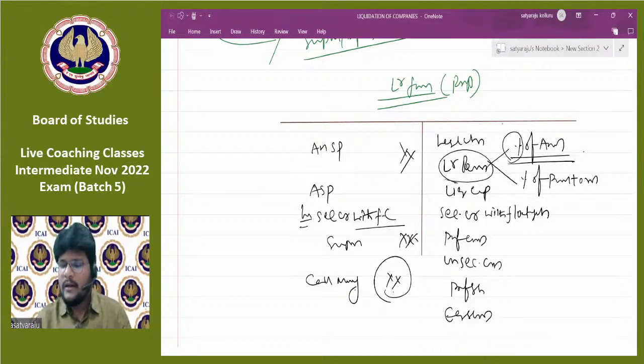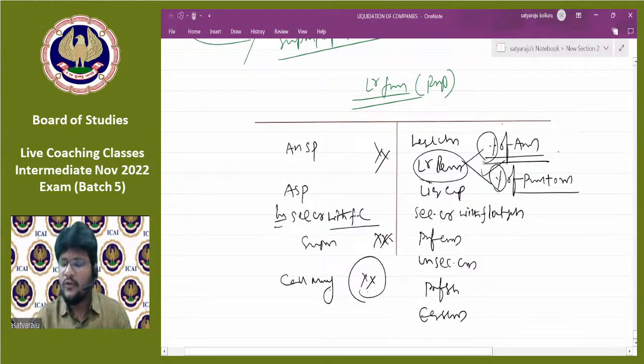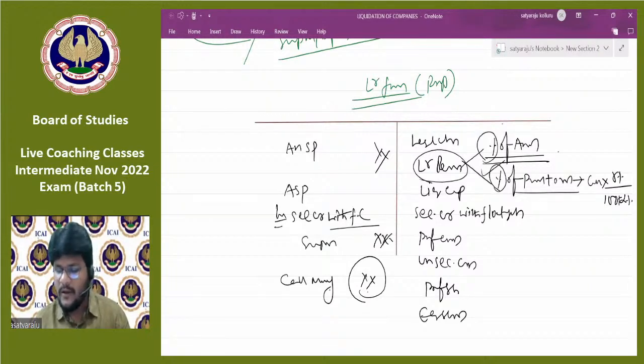And in case of a percentage of payment made to the liability holders, if the cash available with the liquidator is sufficient to repay the liability as well as liquidator remuneration, you can directly apply the percentage. If the cash available is insufficient to make payment to that particular party as well as liquidator remuneration, then you need to apply cash availability into R percentage divided by 100 plus R percentage. We've seen such type of questions also.